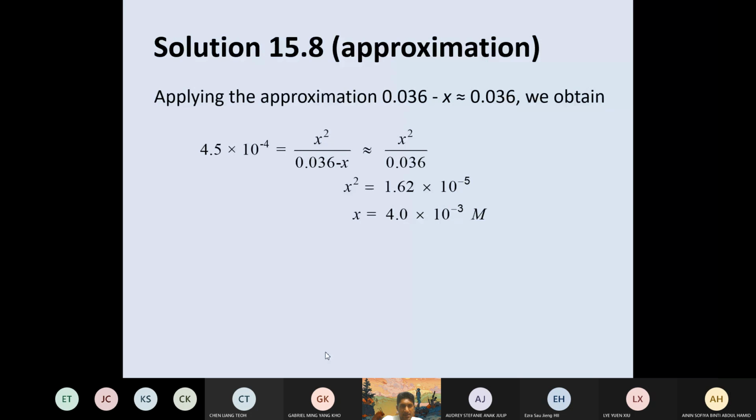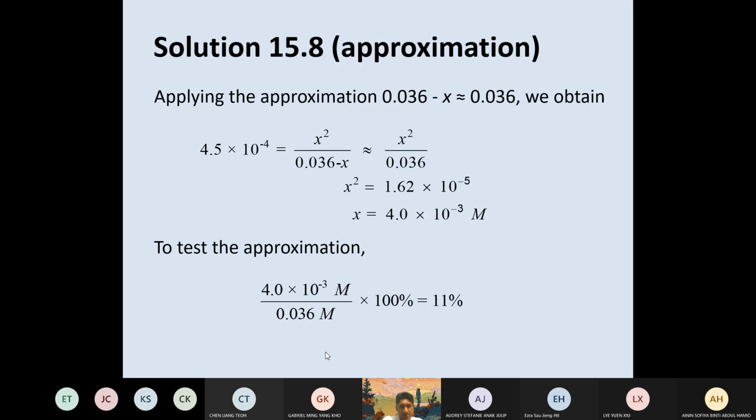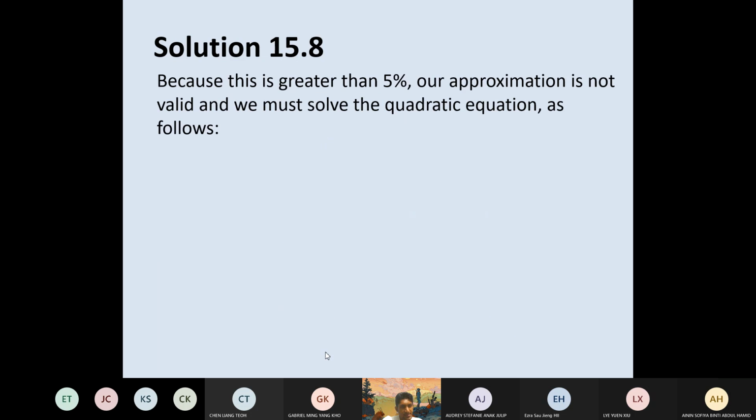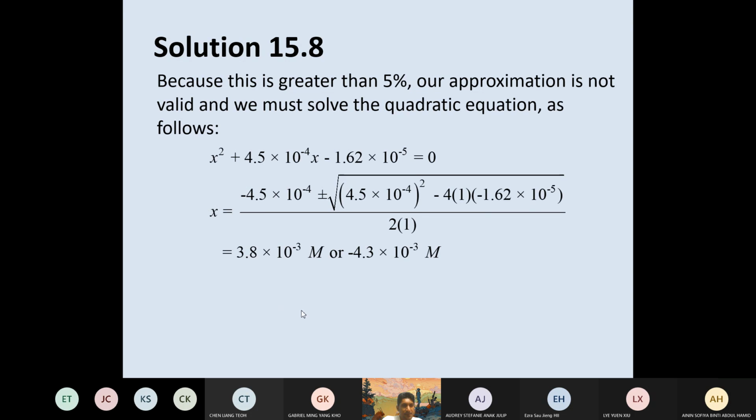Applying the approximation method is good if it is less than 5%. If it is more than 5%, it is not good, so we have to use the quadratic equation. From the quadratic equation, we will get two different roots. One is possible, the other is impossible. Concentration cannot be negative, right?